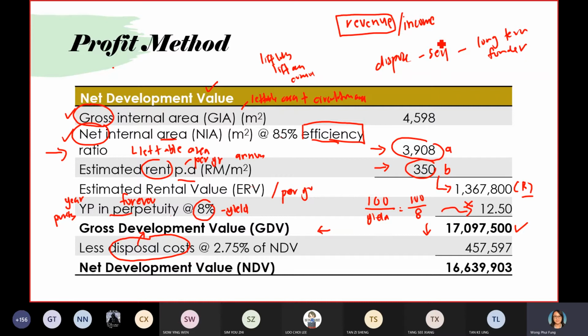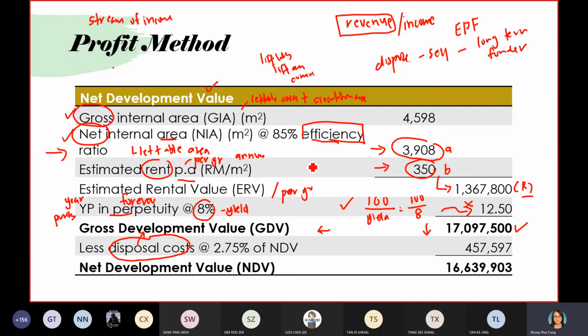Say, for example, the third party is EPF. So EPF says, you help me to complete, then I will buy over the whole development. Then once I buy over, I can collect the rental forever. This is what we call stream of income.